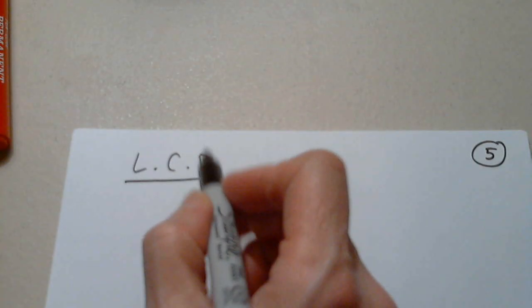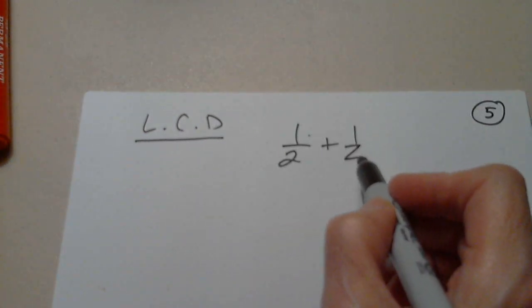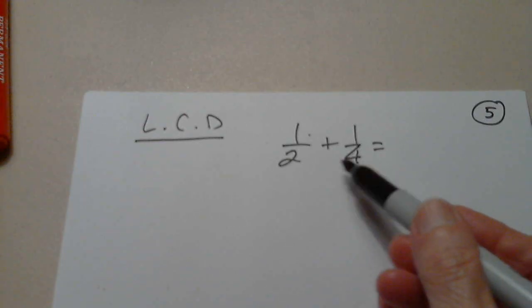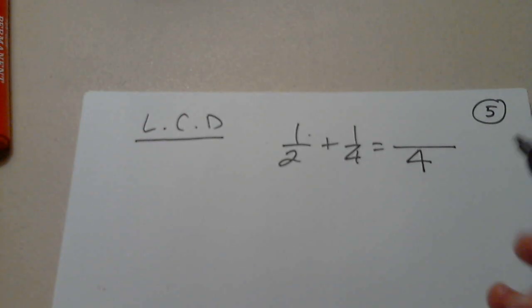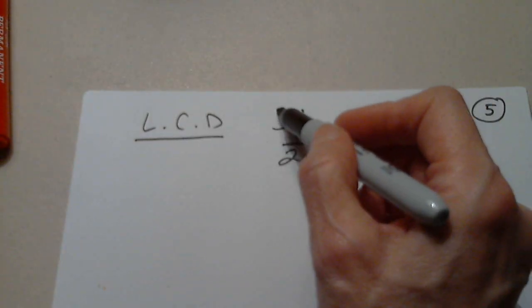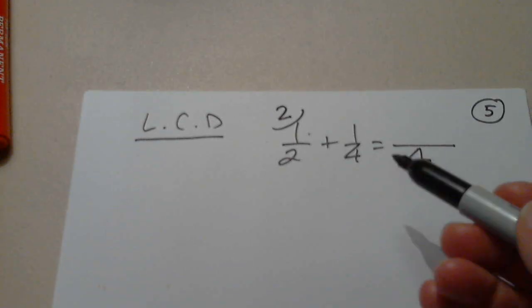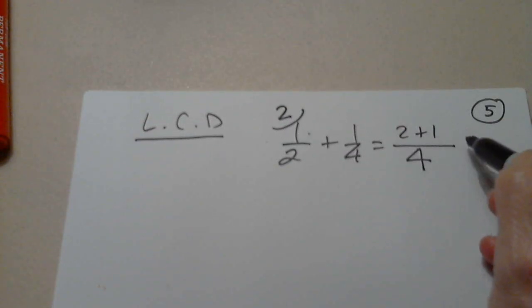If I have 1/2 plus 1/4, 2 is a factor of 4, so the least common denominator is 4. 2 times 2 is 4, so I need to multiply the numerator by 2. There is no change here, so 2 plus 1, so I get 3/4.